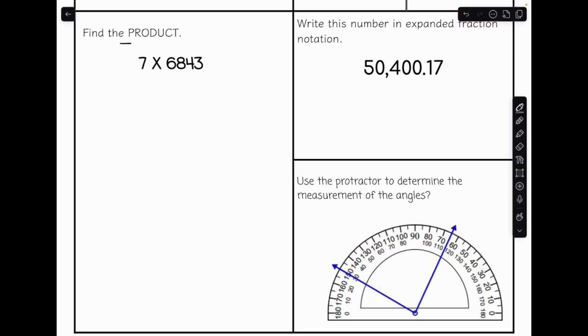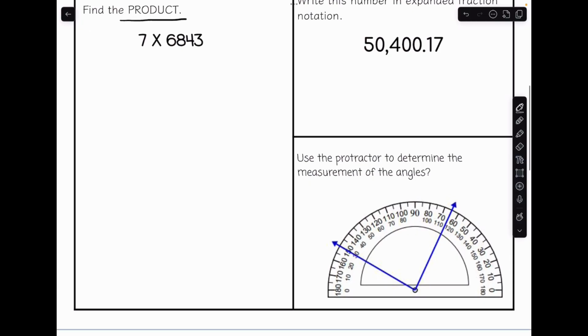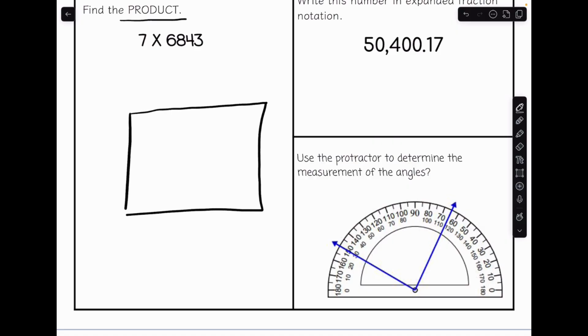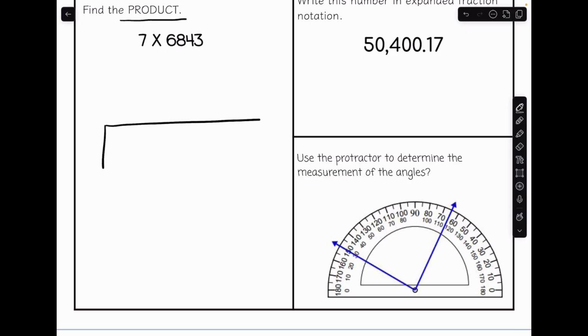Next, we have to find the product, okay? Product is the answer to a multiplication problem, and we can use our area model to do this. Oh, hold on, I'm gonna make the shape a little bit better than that. Seven, and then we're gonna decompose 6,843.